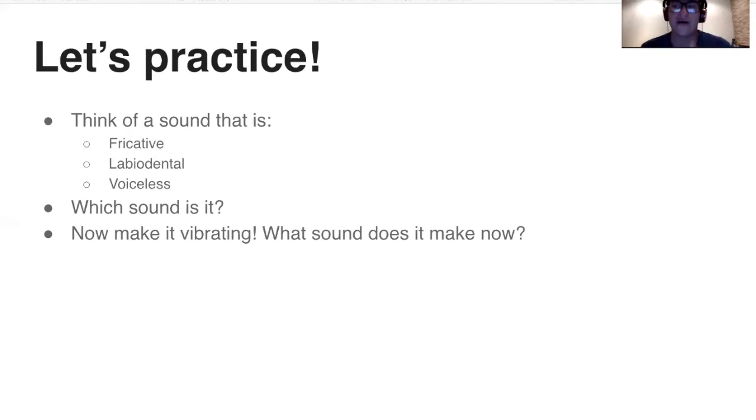It is the f sound because it is fricative, labiodental, and voiceless. As in father. Now, what happens if we make that same sound, but we make it vibrating? It becomes a v, like in van. f is voiceless, v is vibrating.